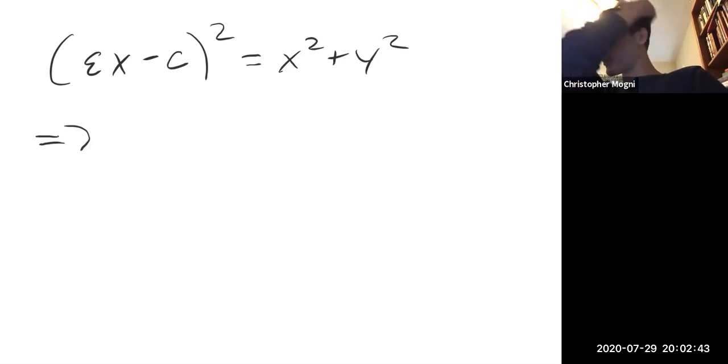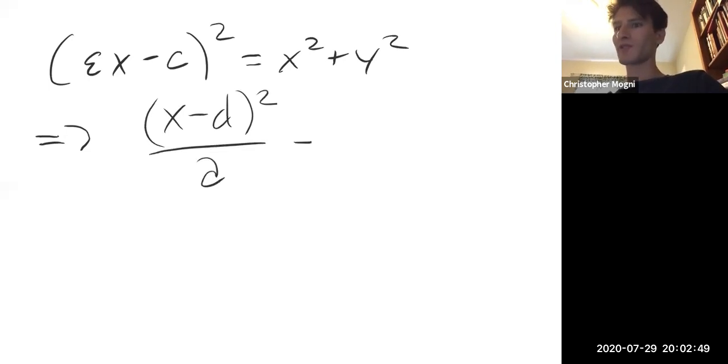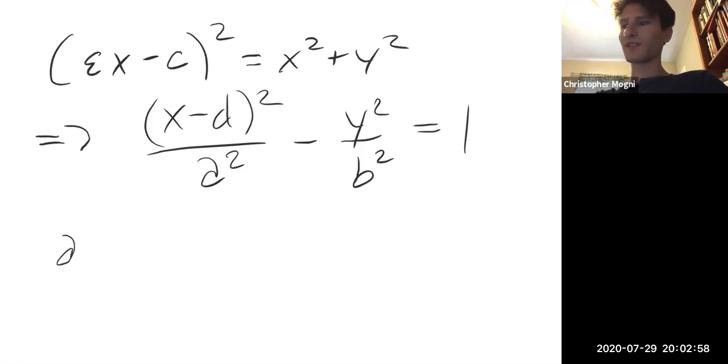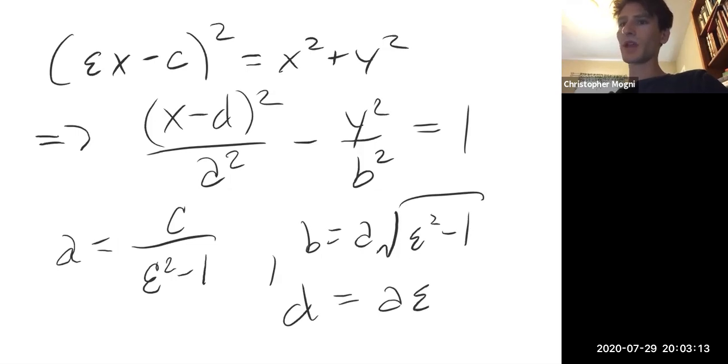This equation can be rewritten in the form (x minus d) squared over a squared minus y squared over b squared is equal to 1. For reference, if you want to do the algebra, a is equal to C over epsilon squared minus 1, b is equal to a times the square root of epsilon squared minus 1, and d is equal to a epsilon.